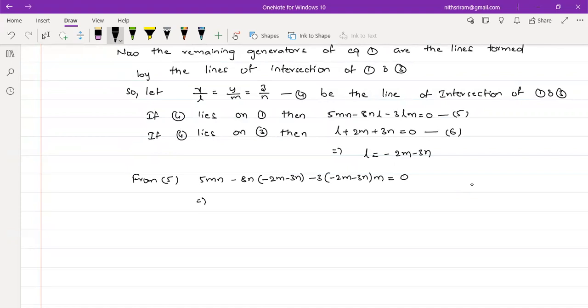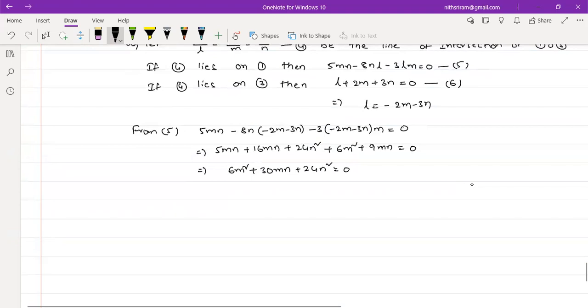By simplification, we get 5mn plus 8 2s are 16mn plus 8 3s are 24n square plus 3 2s are 6m square plus 3 3s are 9mn is equal to 0. This implies first we write the m square term, that is 6m square, next the mn terms, 21 plus 9, that is 30mn, plus 24n square is equal to 0.